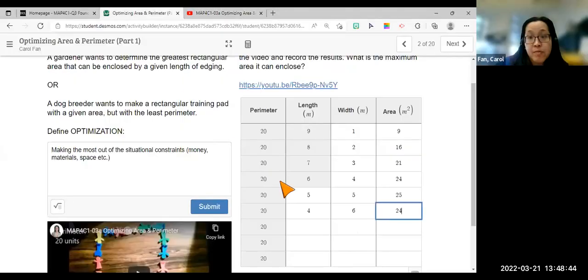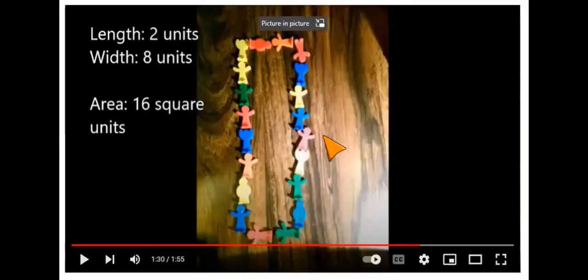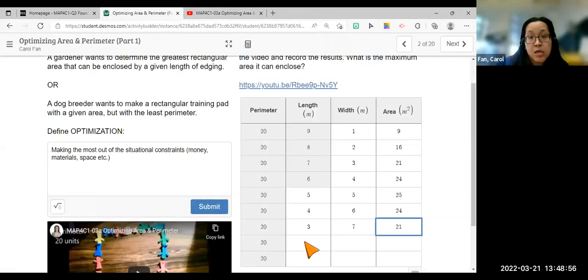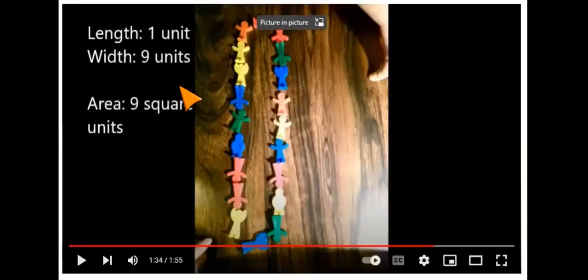The next one, we could have 3 and 7. Okay, 2 and 8. And then the last one, we would have 1 and 9.